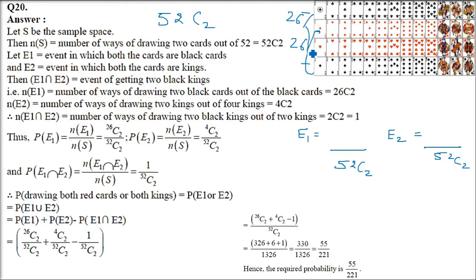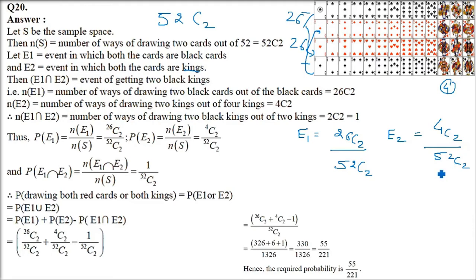So you are picking 2 of these, so 26C2. Similarly, for E2, both the cards are kings. How many kings are there? 1, 2, 3, 4. And we are taking 2 out of it. So 4C2.